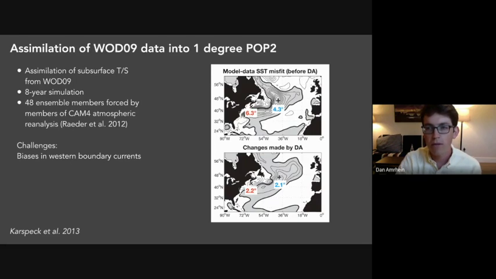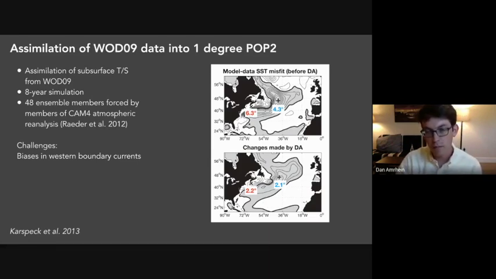On the top, you see the model-data SST misfit before data assimilation. So this is just running the model and letting it do its own thing. And they identify these two points where this model-data misfit is particularly high, the X and the cross. And then afterwards, after doing data assimilation on these in situ observations, the changes wrought by the data assimilation are insufficient to really get rid of this model-data misfit.